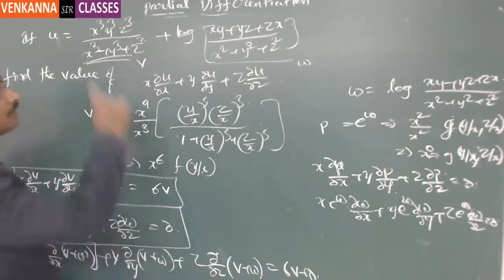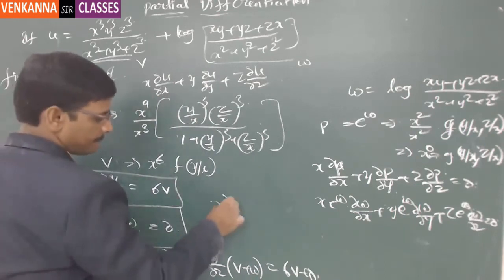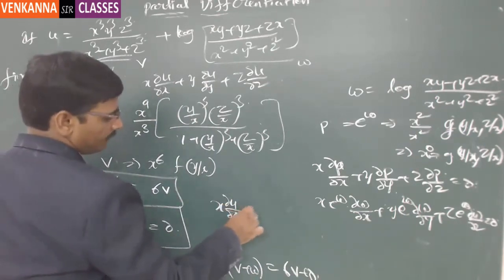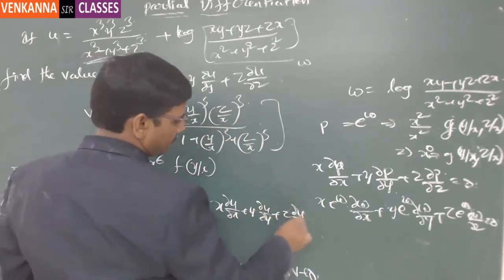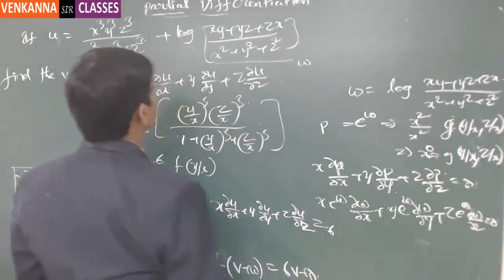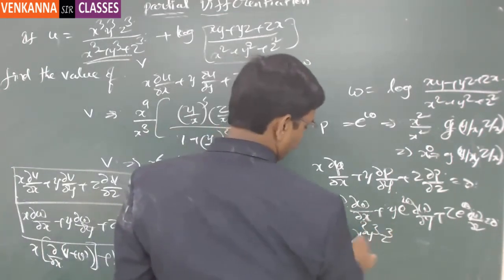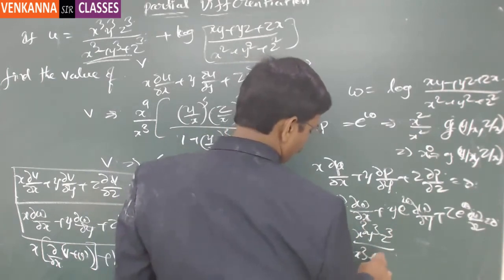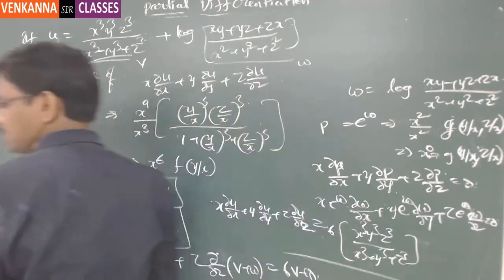So the original answer, x dou u by dou x plus y dou u by dou y plus z dou u by dou z is equal to 6 times x cube y cube z cube divided by x cube plus y cube plus z cube. So this is the answer.